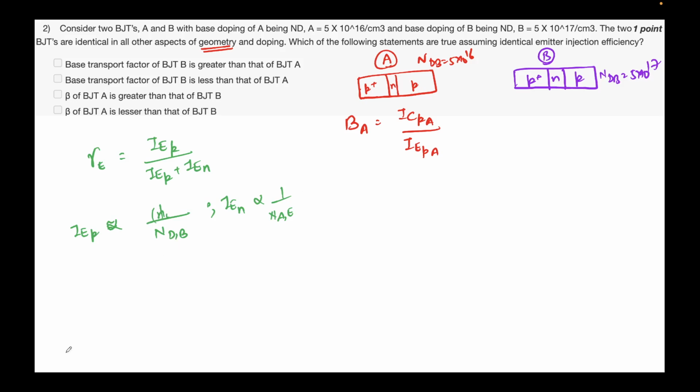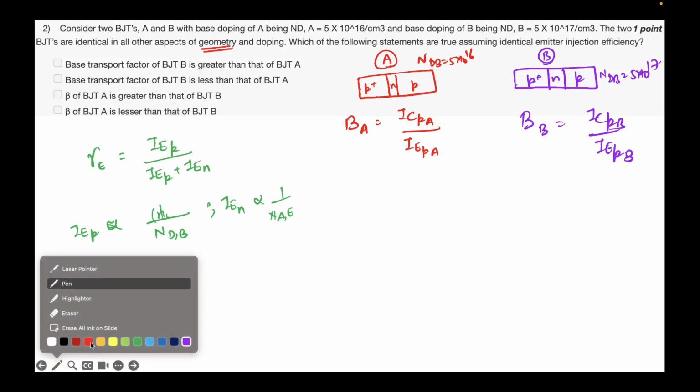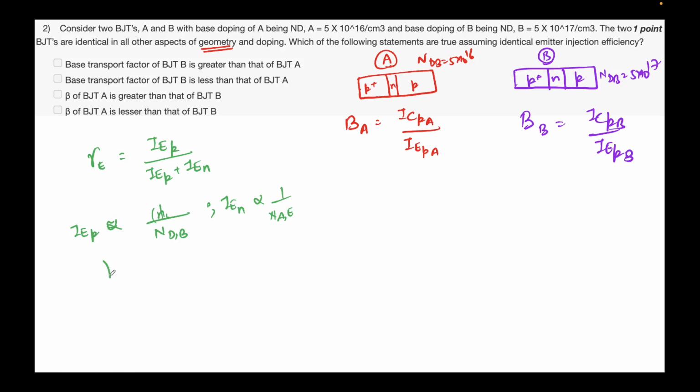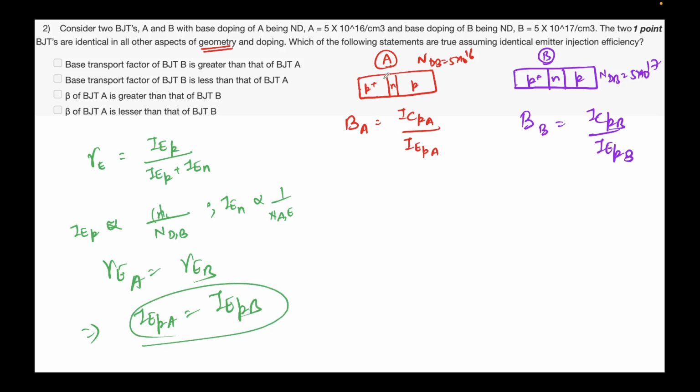Now it's not so much a numerical analysis. The base transport factor here will be ICPB over IEPB. Based on the assumption that we are given that gamma E A is equal to gamma E B, I'll claim that the amount of holes reaching here as well as here are the same.